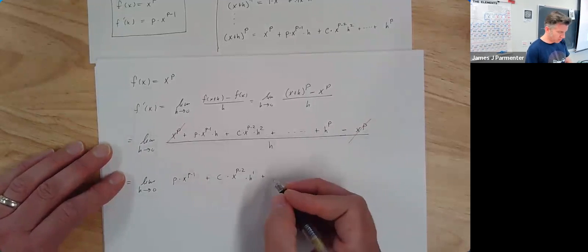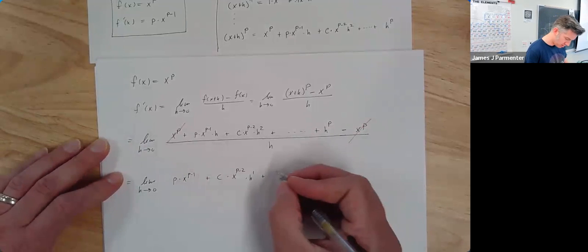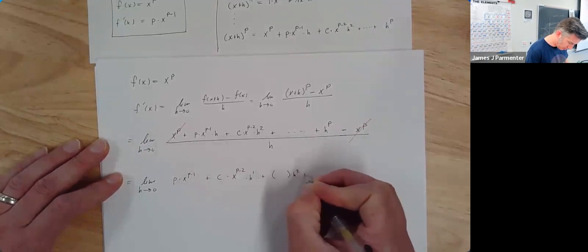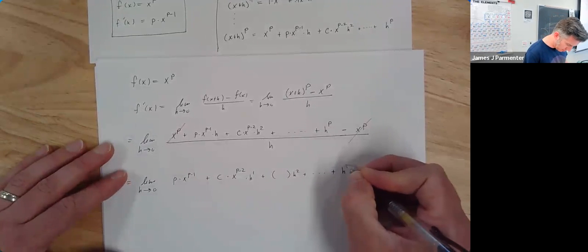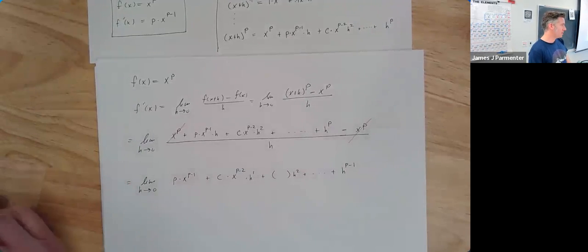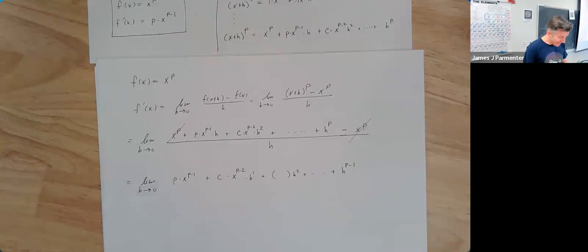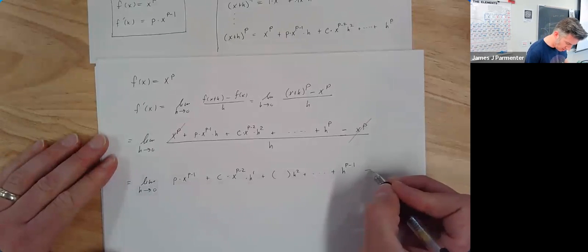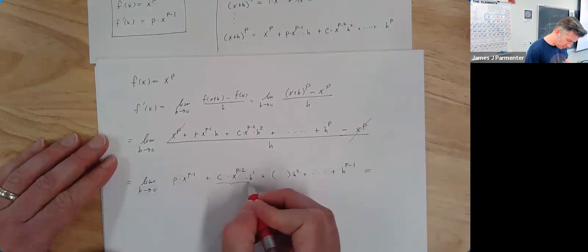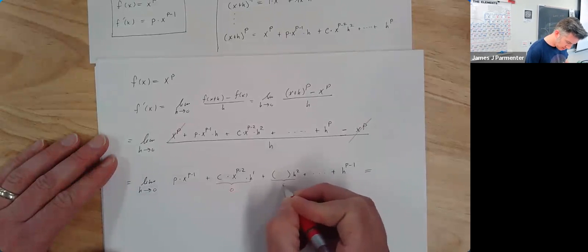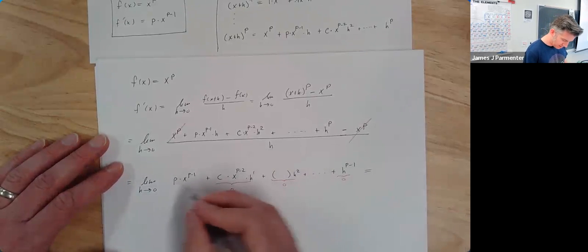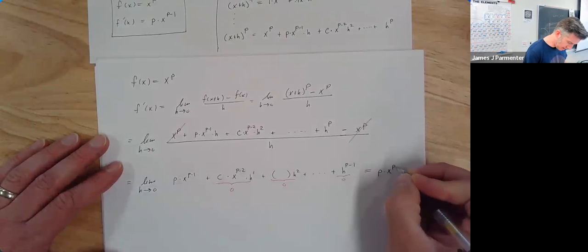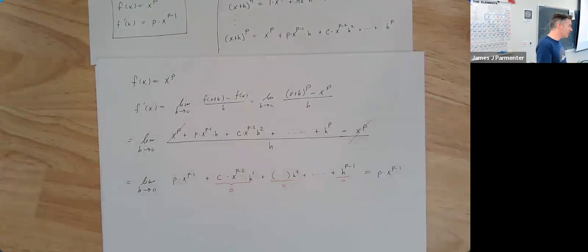The next term would have something with an h squared, and so on, plus all the way to the very last term being h to the p minus 1, because h to the p divided by h is h to the p minus 1. And now, if we let h go to 0, every term that has an h in it is going to go to 0. So we're left with p times x to the p minus 1, as we knew the answer was going to be, but it is nice to see the answer.